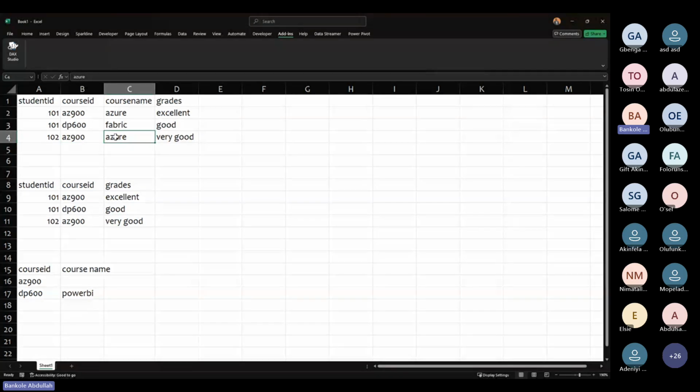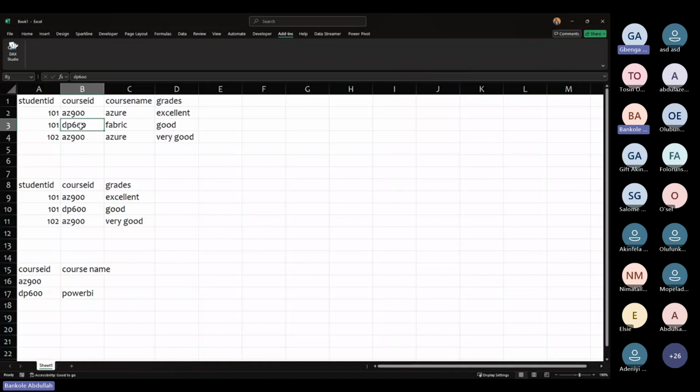Now that we have agreed on this part, let's look at this other part, the last part, grades. This grade, what is it depending on? Excellence is depending on the person that wrote the exam. Good is depending on the person.